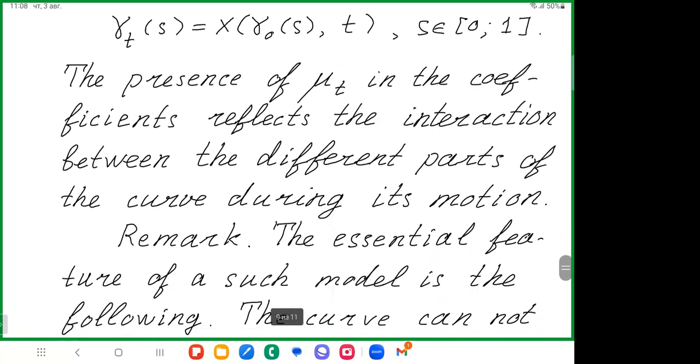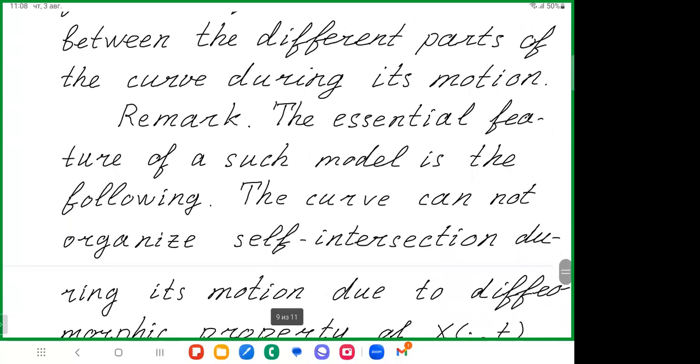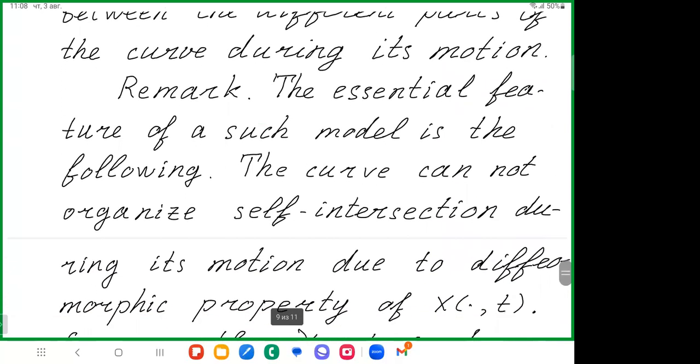The essential feature of such a model is the following. The curve cannot organize new self-intersections during its motion due to the diffeomorphic property of x t. You remember that when we introduced the equation with interaction, we discussed that x t, under good smooth coefficients with respect to the spatial argument, keeps the diffeomorphic property, exactly like the flow of solutions to an ordinary stochastic differential equation.